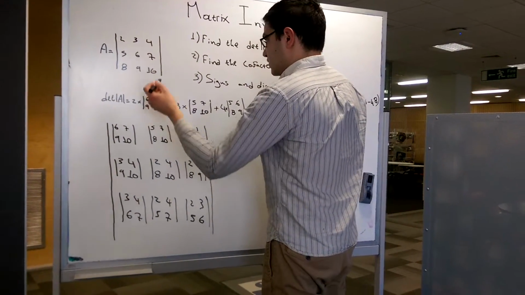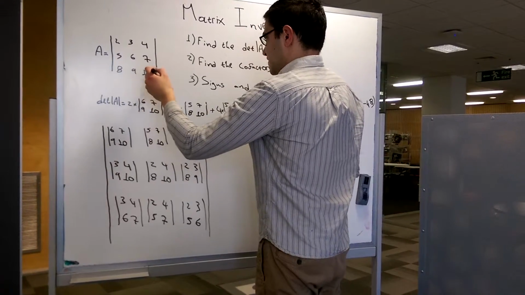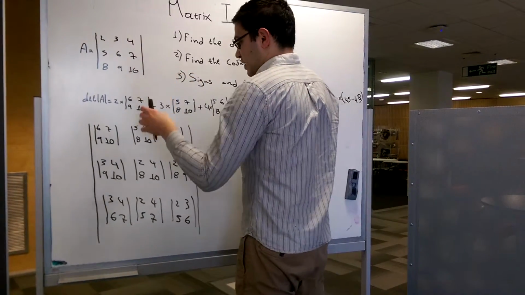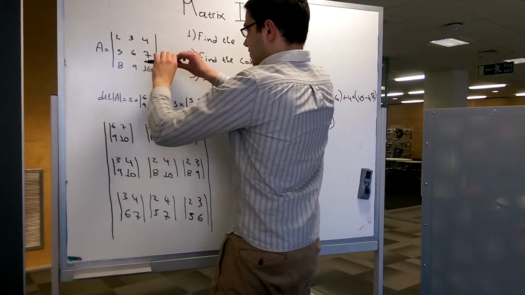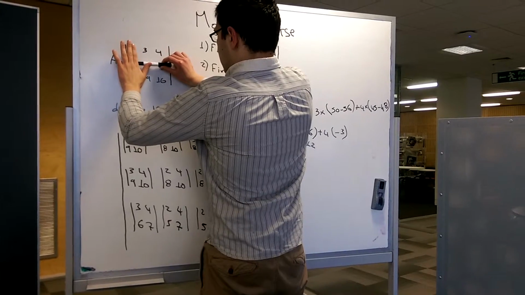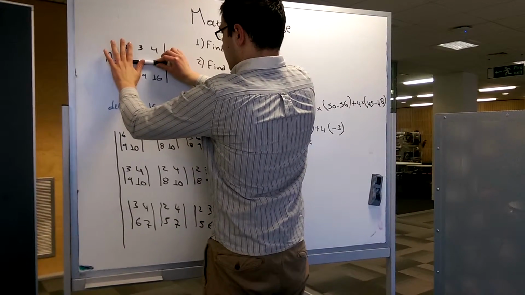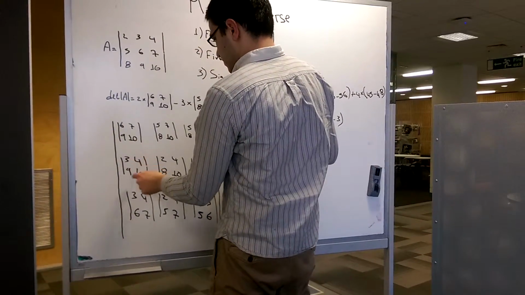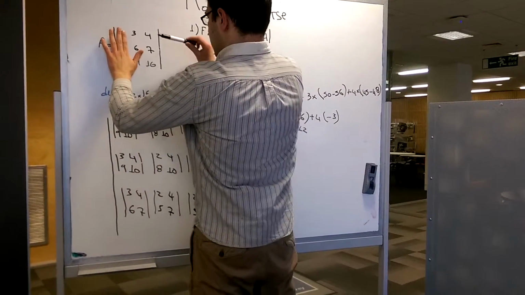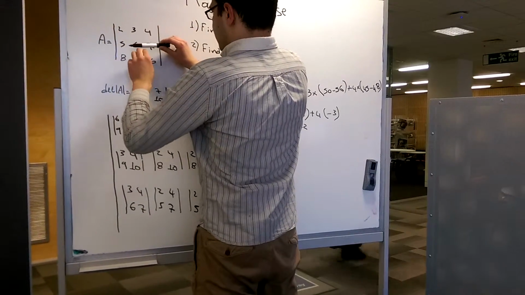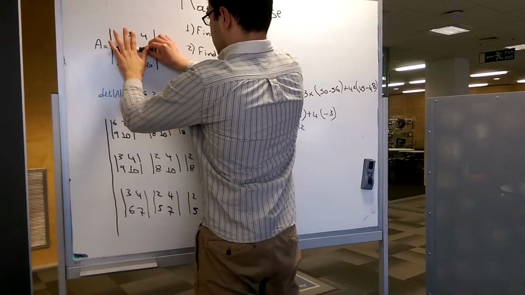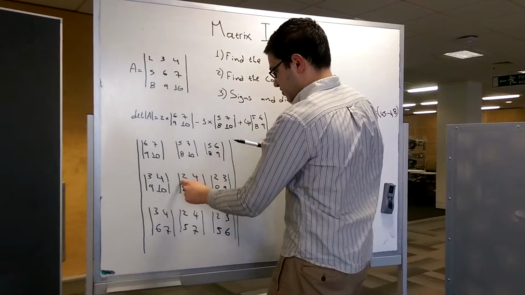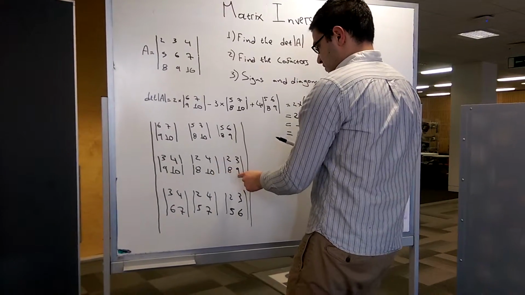Then we have the 5, 7, 8, 10, and then we have the 5, 6, 8, 9. Then we do the same thing for the second row. The first cofactor is going to be 3, 4, 9, 10, because we hide the first column with the second row. Then we hide the second row with the second column, and we get the 2, 4, 8, 10 for the second cofactor.